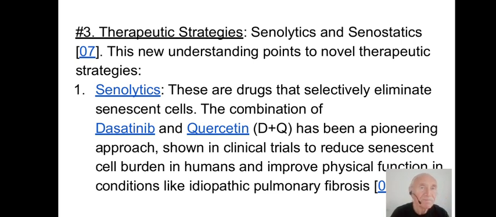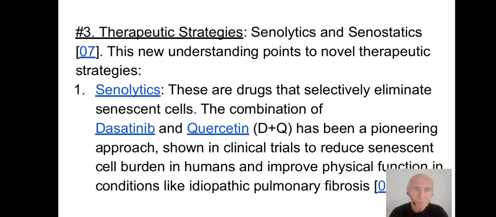What are the therapeutic strategies? Senolytics and senostatics. This new understanding points to novel therapeutic strategies. Senolytics are drugs that selectively eliminate senescent cells. The combination of dasatinib and quercetin has been a pioneering approach, shown in clinical trials to reduce senescent cell burden in humans and improve physical function in conditions like idiopathic pulmonary fibrosis, and in some tissues.